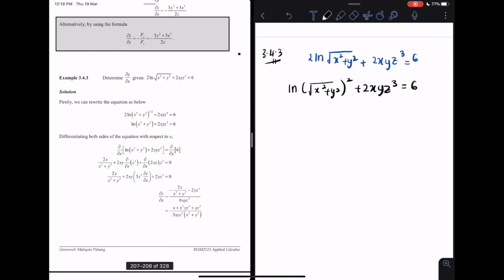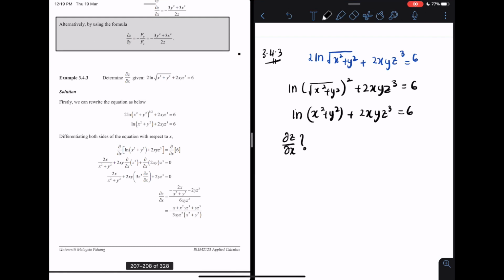This is by applying the logarithmic property. Then I can simply get ln x squared plus y squared plus 2xyz cubed equal to 6. Okay, so right now I will try to determine del z del x.